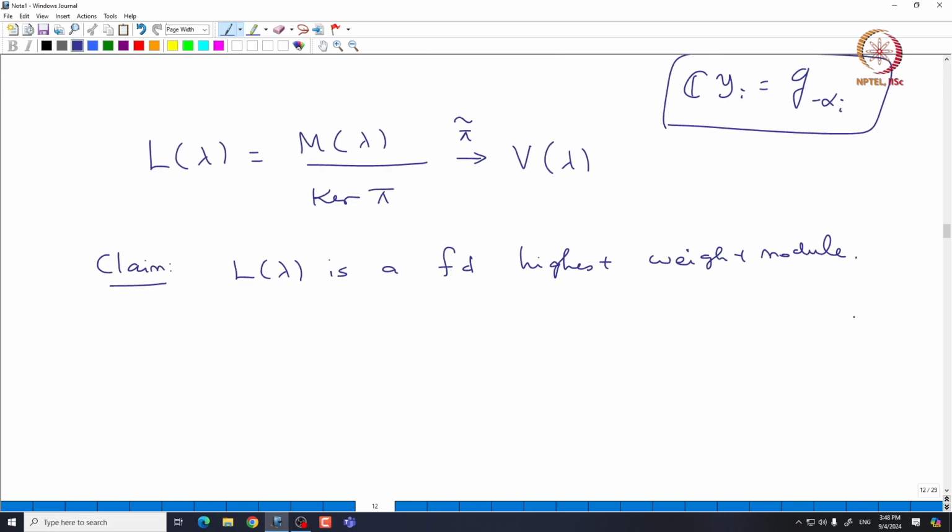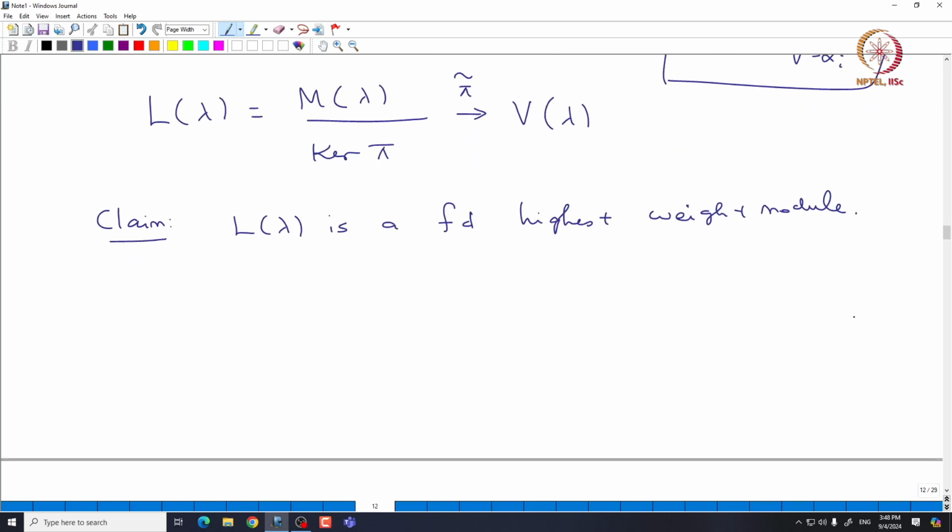Note that we take the generator of M of lambda and descend to the quotient by the kernel pi. Let us call the generator w_lambda, which generates M of lambda as an n-minus module.